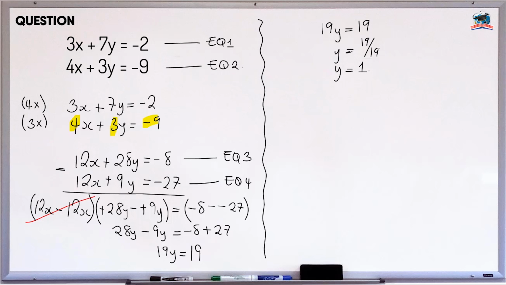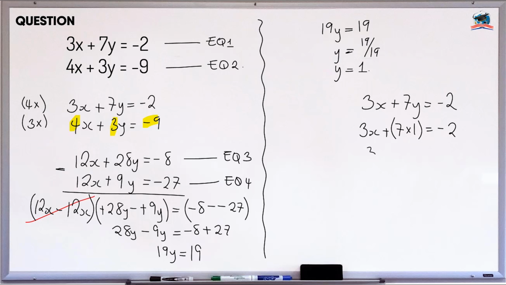Let's go for x. We'll pick which equation, equation 1 or equation 2. Let's go for equation 1 to get the value of x. It says 3x plus 7y is equal to minus 2. We know y is 1. So we go for 3x plus 7 times 1 is equal to minus 2.